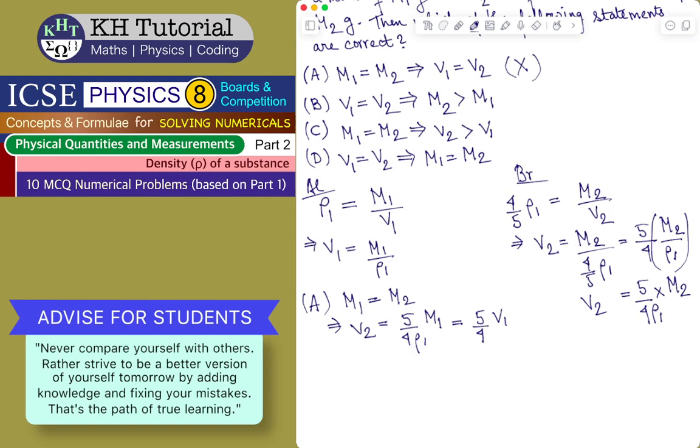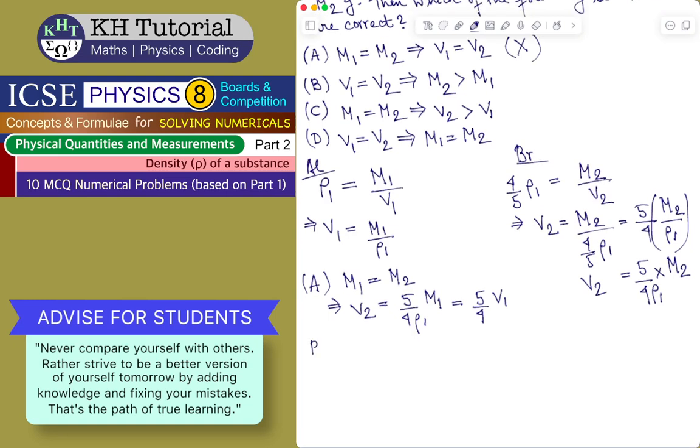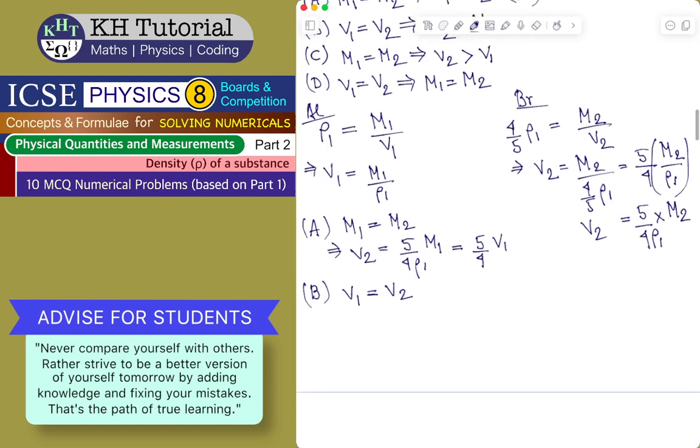Let's check option B. If V1 becomes equal to V2, what do we get? This implies for aluminium V1 is m1 by rho 1. So we get m1 by rho 1 is equal to V2, which is 5 by 4 m2 by rho 1.